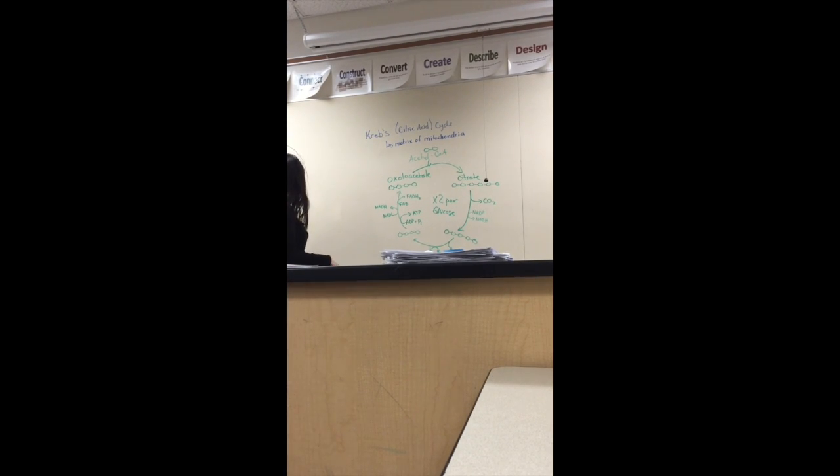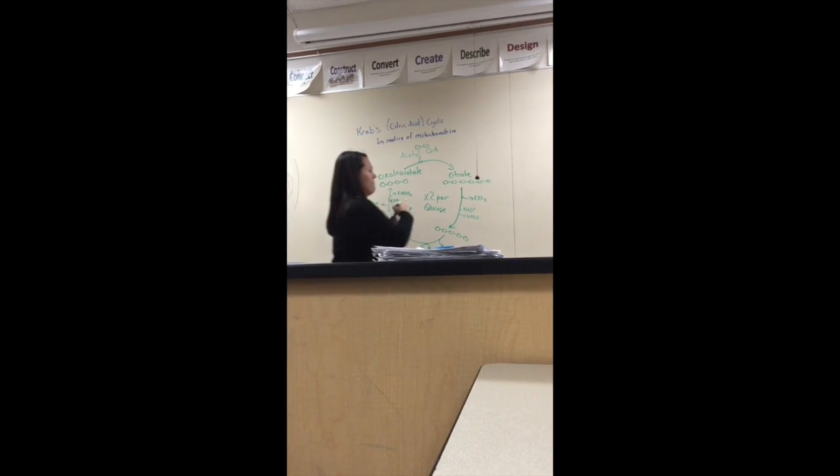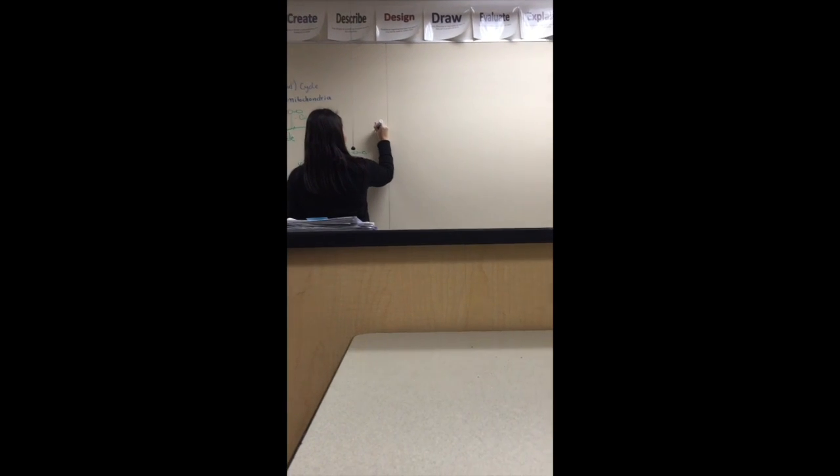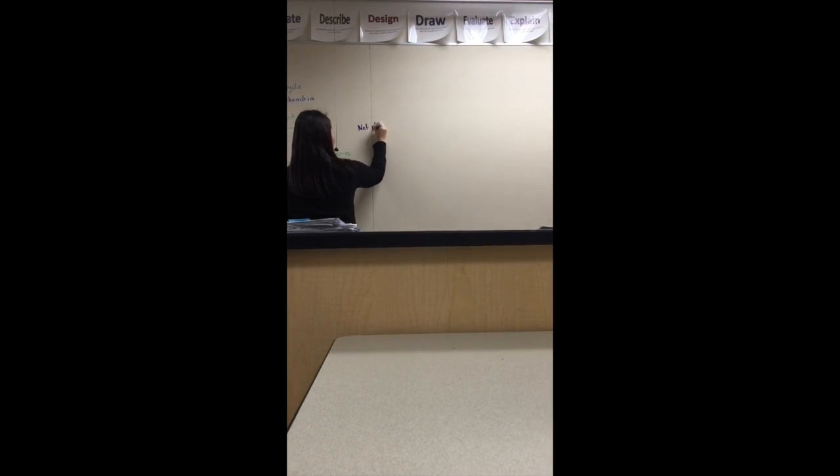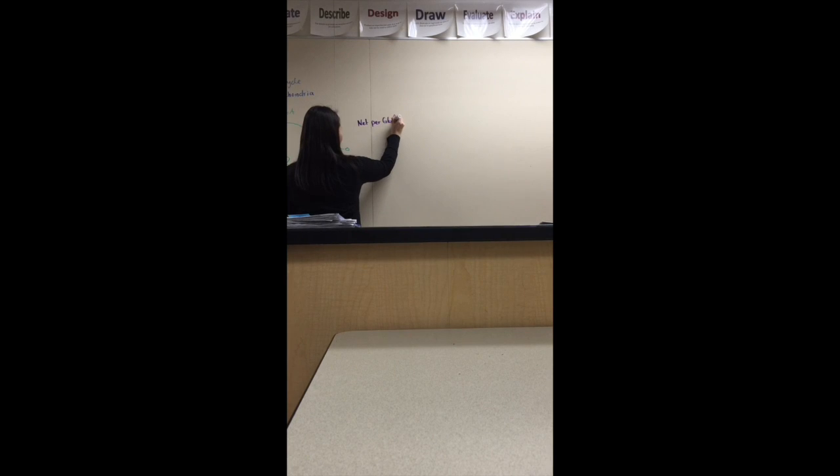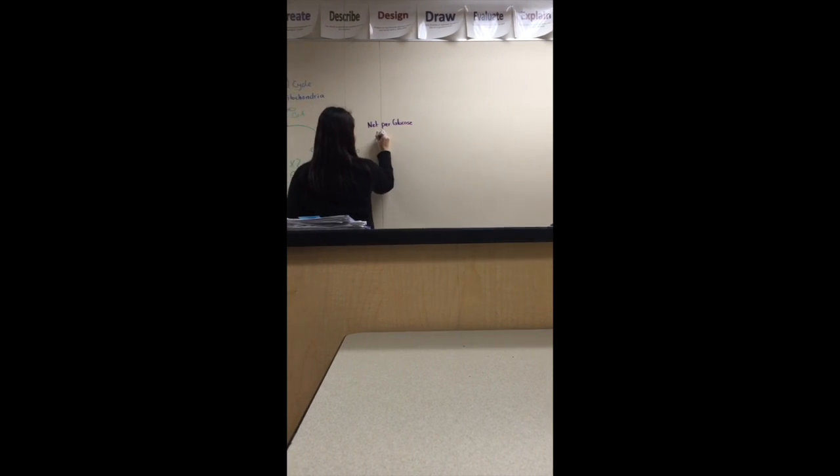So let's tally it up and let's do a net production per glucose. How many ATPs am I going to form in the Krebs cycle per glucose? 2.